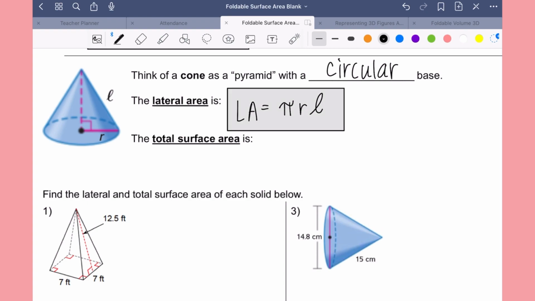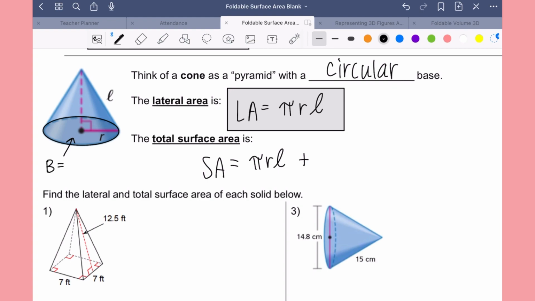And then total surface area is your lateral area, so pi r times slant height, plus the area of the base. And for cones, the base is always going to be a circle. That's what makes it a cone. So what is the big B for a circle?